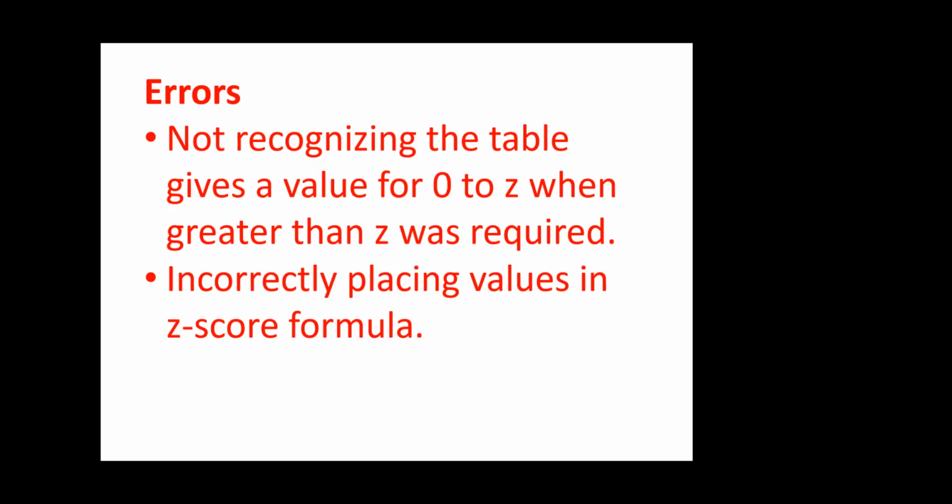In part B, they were incorrectly putting the values into the z-score formula. One of the biggest issues was having the mean and the score that they were dealing with in the wrong order. So if you go back to this here, they'd have swapped the top line of the z-score answer around. That was one of the most common ones.